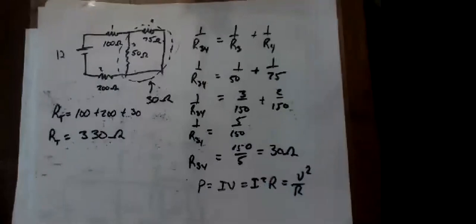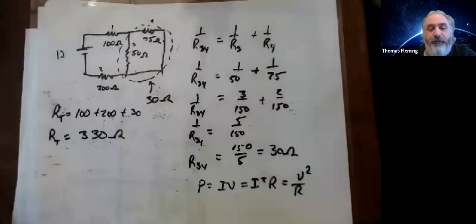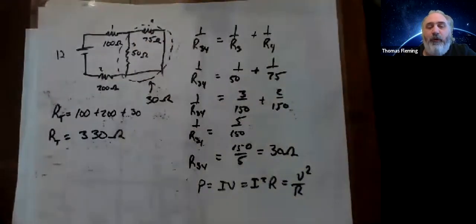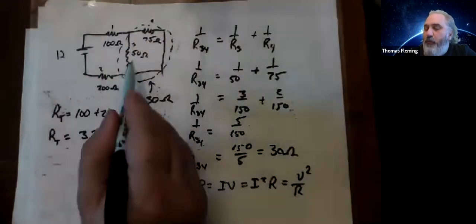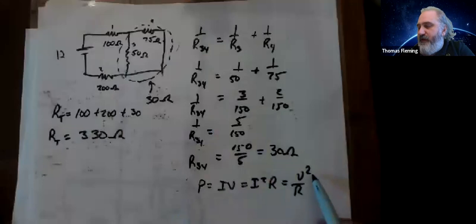Now, when I put this particular problem on exams, there's always somebody in every class who sees a circuit like this, and I say, oh, find the power delivered to the 50 ohm resistor, or something like that. And what they will do is they'll be like, okay, well, power is V squared over R, and V is 12.